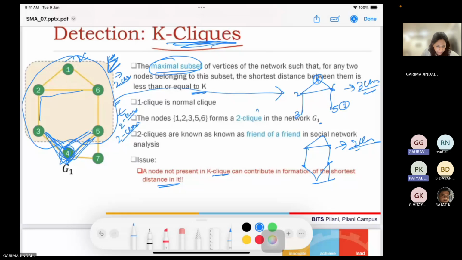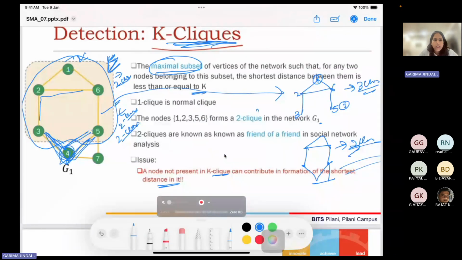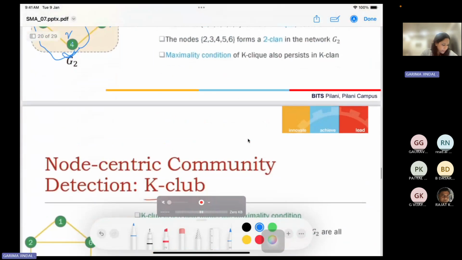But the distance from 2 to 7 will become 3: 1, 2, 3. Yes, it's 3 clan. So if we add 7, then it is 3 clan. I hope the difference between K clique and K clan is clear to you. Any doubts, anyone?